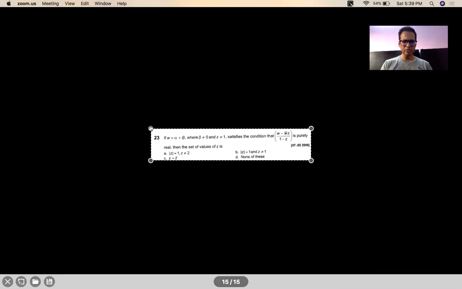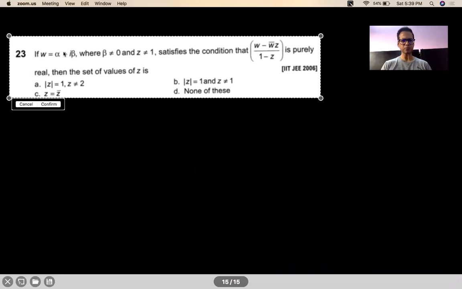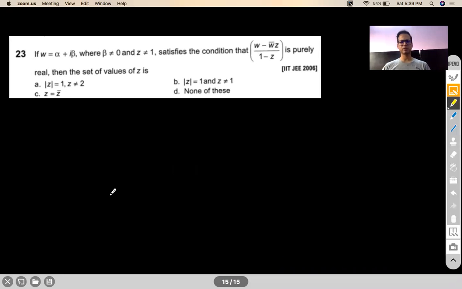Okay, let's try doing this question. W is alpha plus i beta. Beta is not 0. Z is not 1. Satisfying this condition, W plus W conjugate Z by 1 minus Z is purely real.